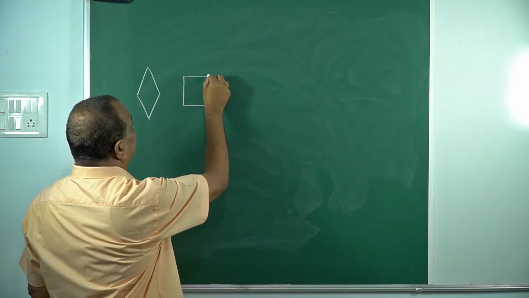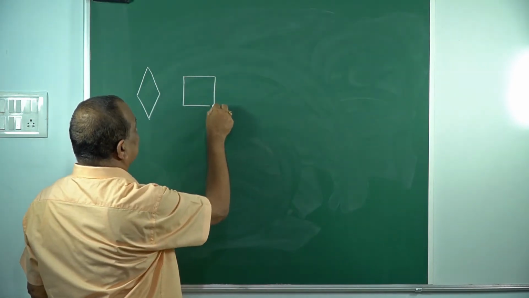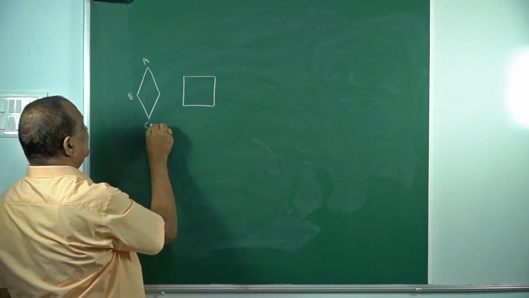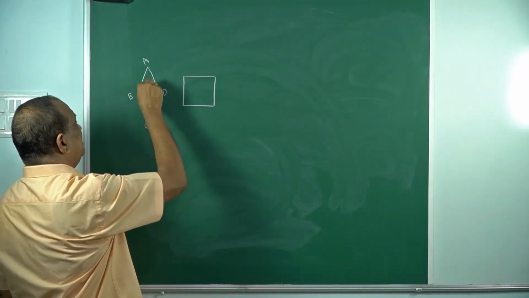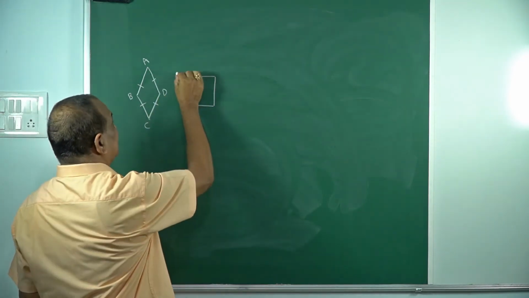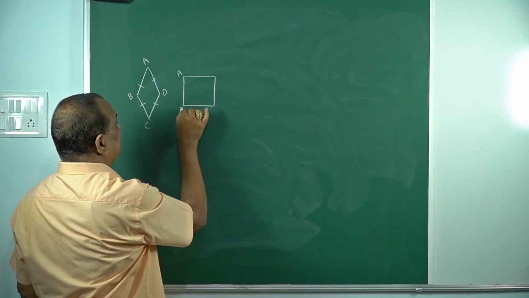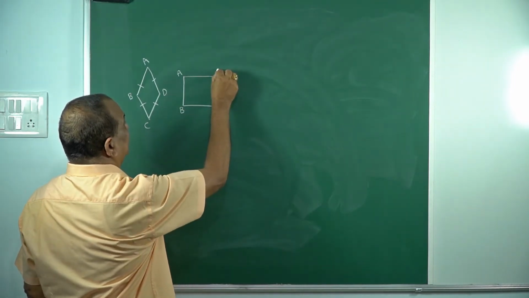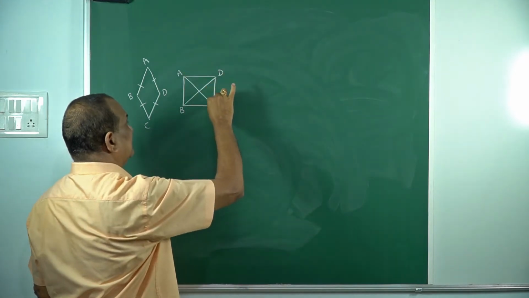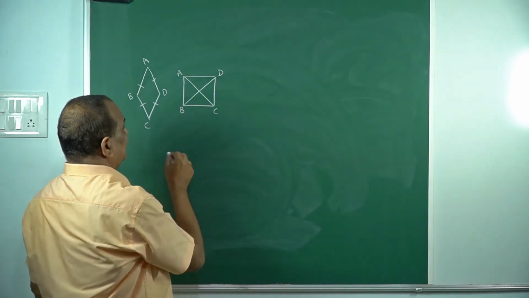The difference between a rhombus and a square is, in a rhombus all sides are equal. AB, BC, CD and AD are equal, whereas here not only the sides but the diagonals are also equal. Even BD and AC are equal. Then it becomes a square.